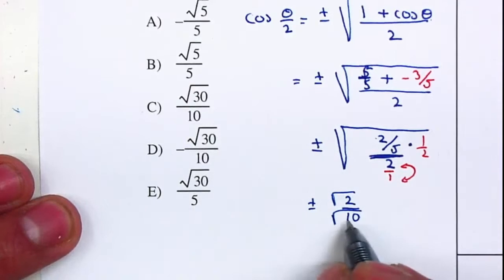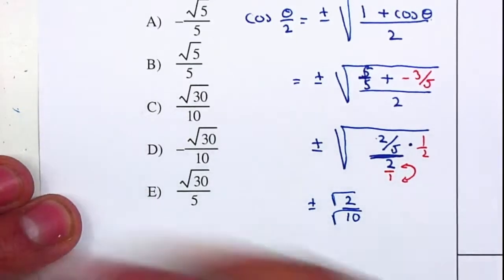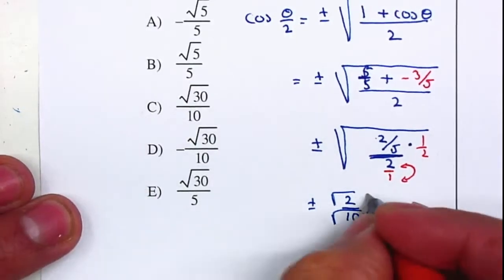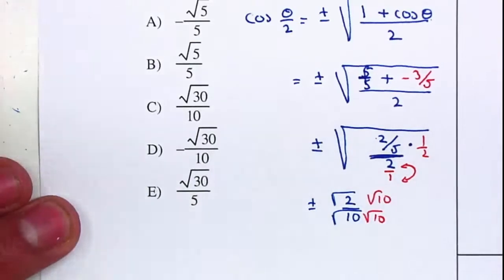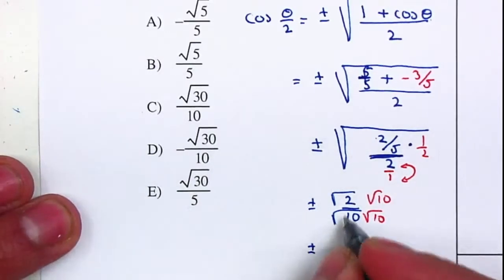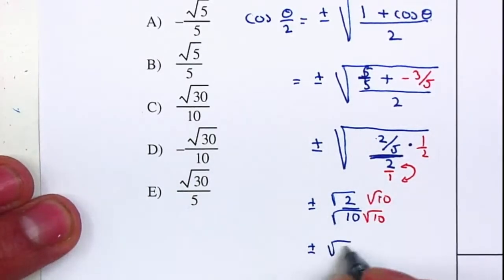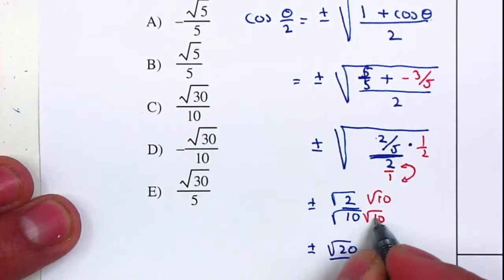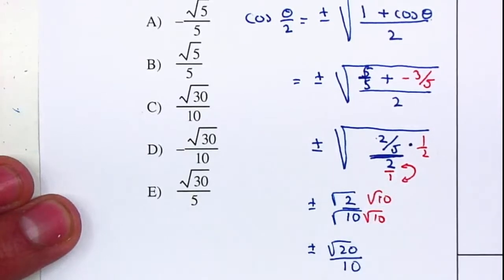I cannot have a square root in the denominator, so I'm going to rationalize it by multiplying by the square root of 10 over the square root of 10. Plus or minus the square root of 20. The denominator gives me the square root of 100, which is 10.